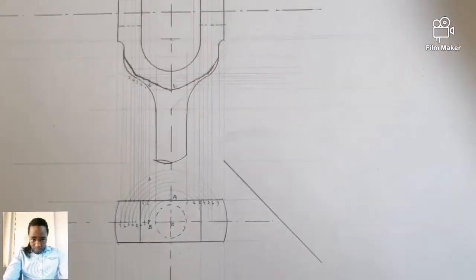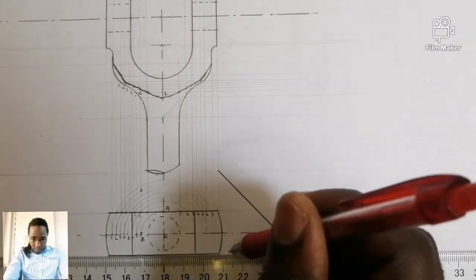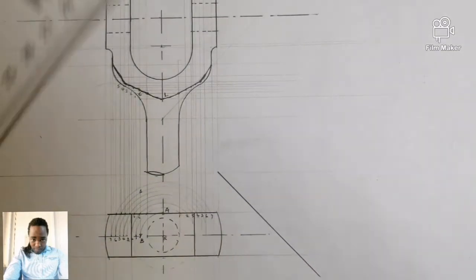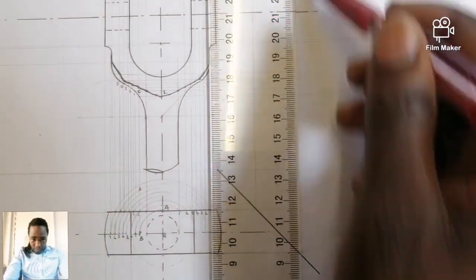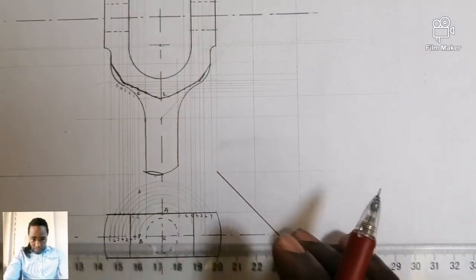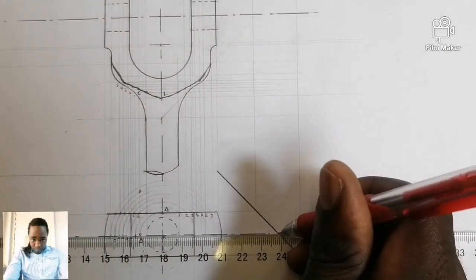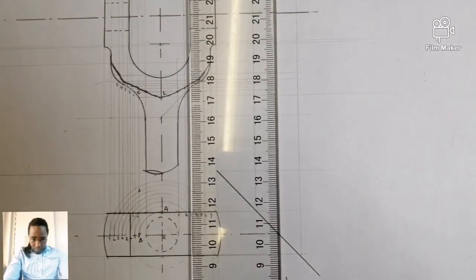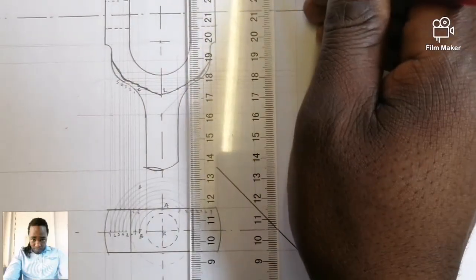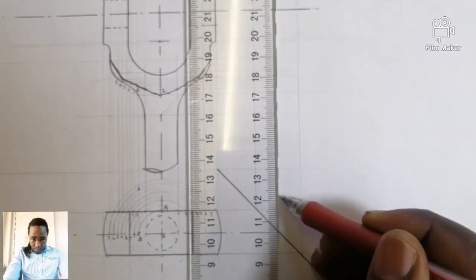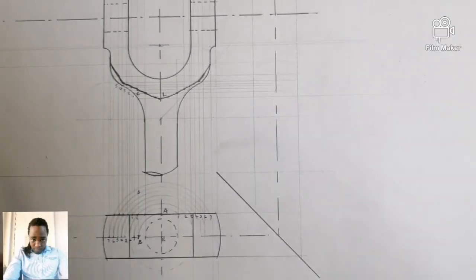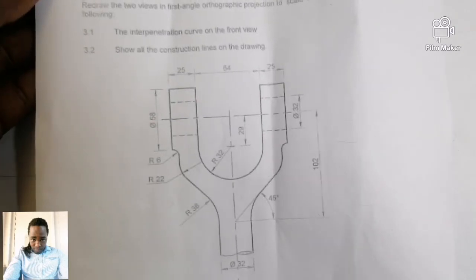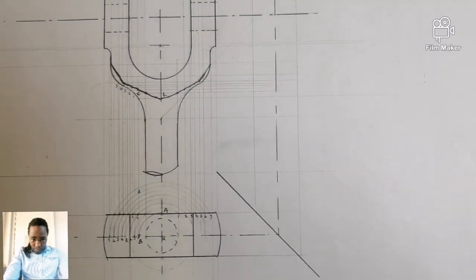Once they touch here, they go up like this. So your left view was going to start from here till here. But here the question didn't say draw the left view, which means you are going to submit your work like this.